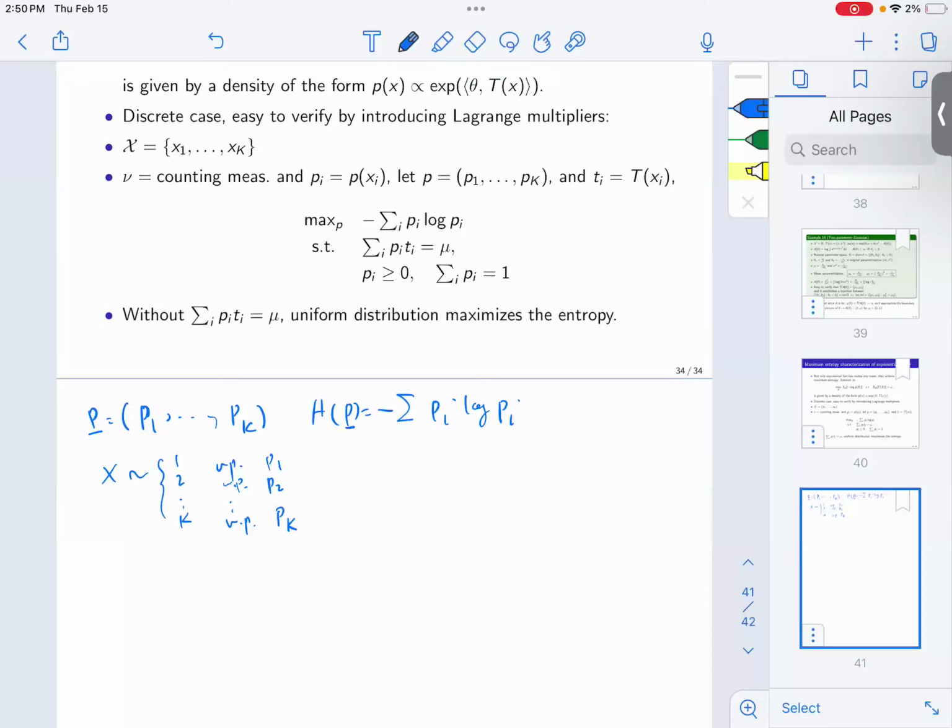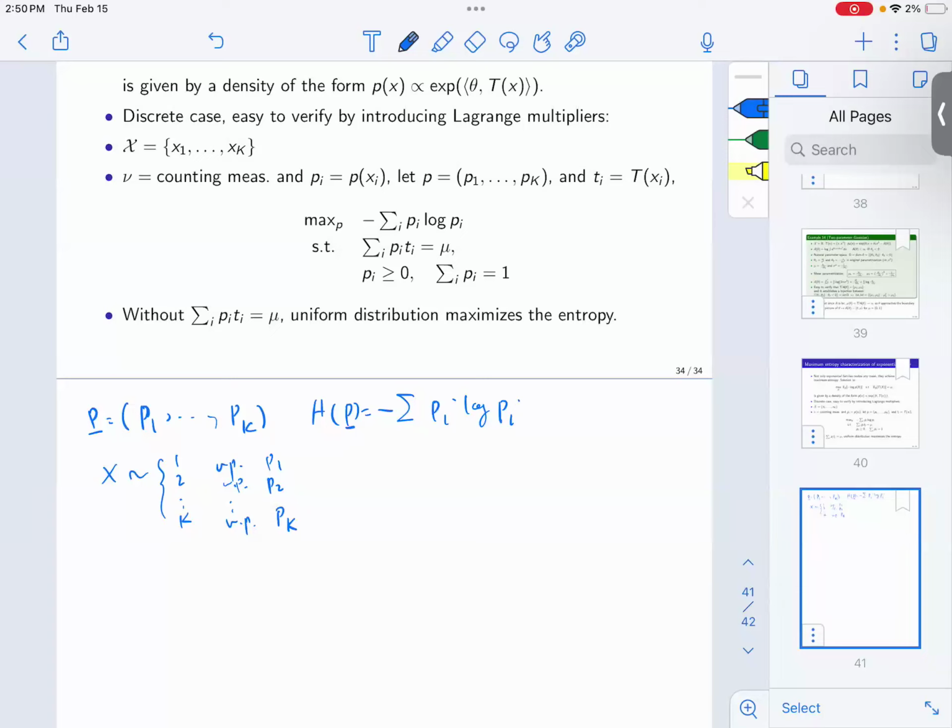So what does it measure? It measures how uncertain things are. A distribution that puts almost all the mass in one place has lower entropy. The one that distributes it uniformly has the maximum entropy. So without any constraints, the maximum entropy distribution is the uniform distribution.